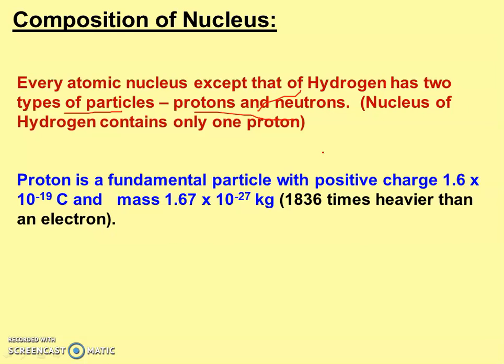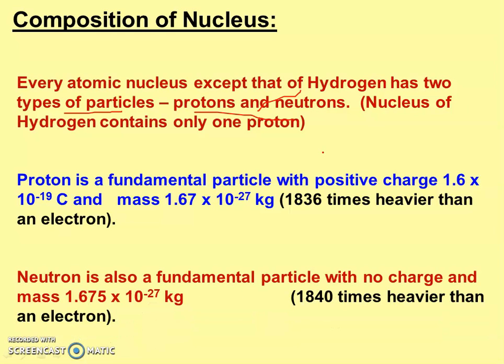Proton is the fundamental particle with charge plus 1.6 into 10 to the power minus 19 coulomb and mass 1.67 into 10 to the power minus 27 kg. It is much heavier than the electron. The smallest mass particle of the atom is the electron, and its mass is 9.1 into 10 to the power minus 31 kg.